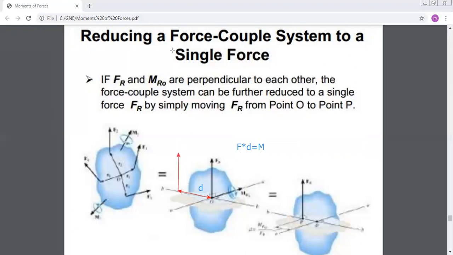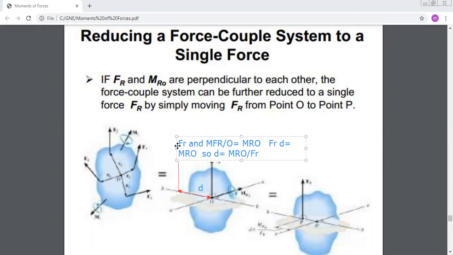At this location, the resultant should be equal to Fr, and the moment of Fr about O should be equal to M resultant at O. So from this condition, Fr times D should be equal to M resultant at O. So the distance D that I should displace my force in order to replace my system by only one force is D equal to M resultant at O over F resultant.